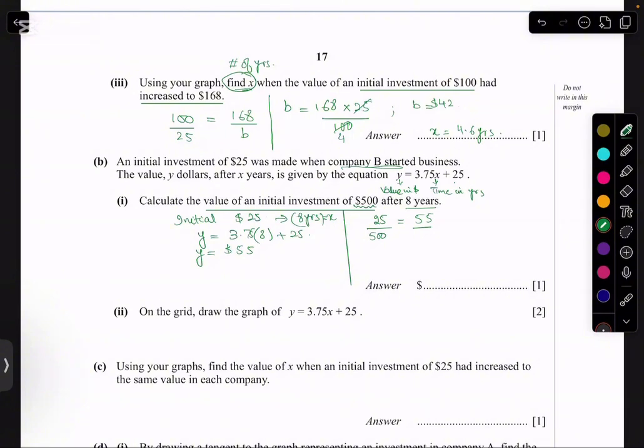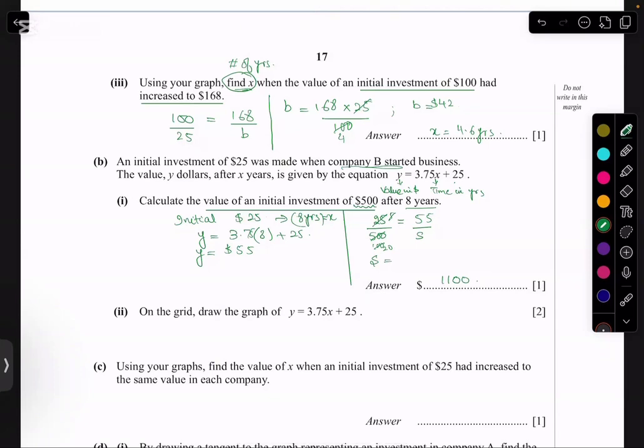Let's call this amount as S. So can I say that this 25 and a 500 I can simplify it as a 5 and a 100, or I can say it's a 5 and a 20. So this value S is then going to be 20 times 55, and it comes out to be $1,100. Is that clear?